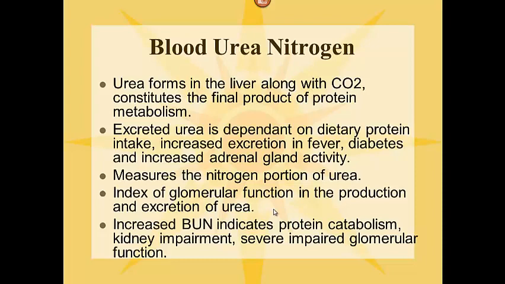Urea and nitrogen come from the protein catabolism and are one of the parameters that reflect renal impairment and glomerular function. But creatinine and creatinine clearance are the best and most specific indicators of glomerular filtration rate and renal function.